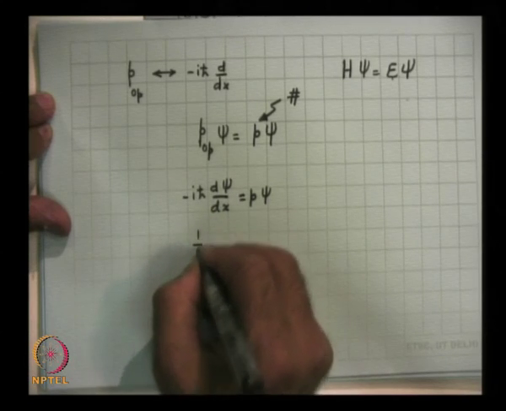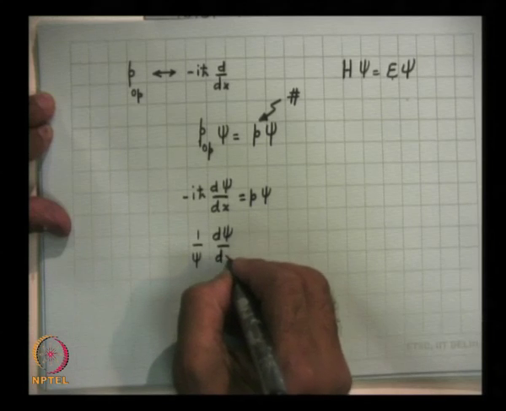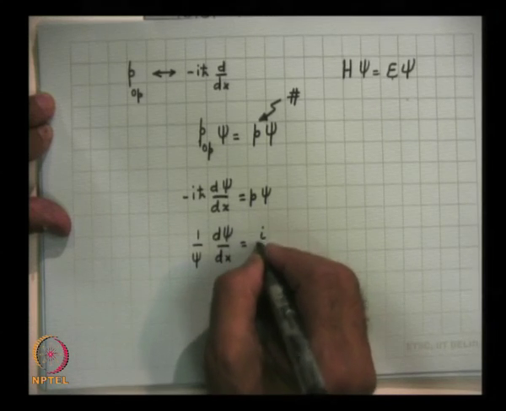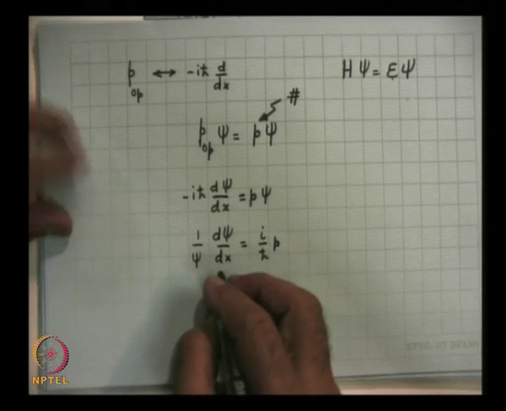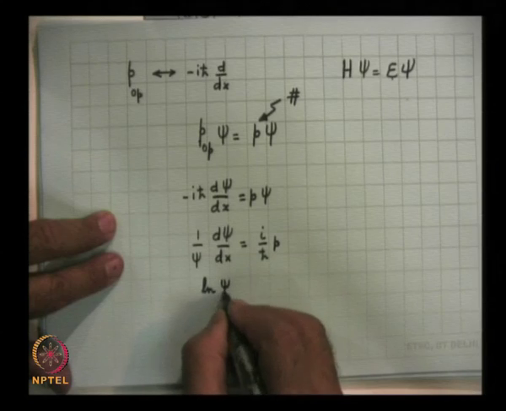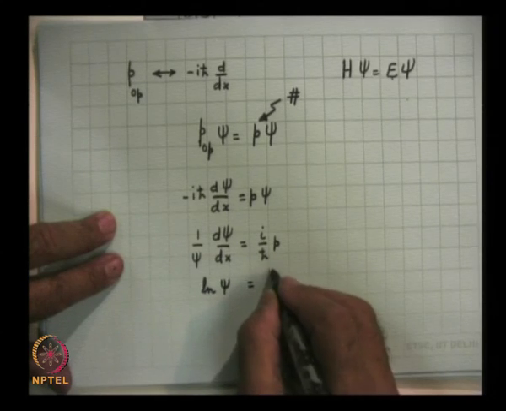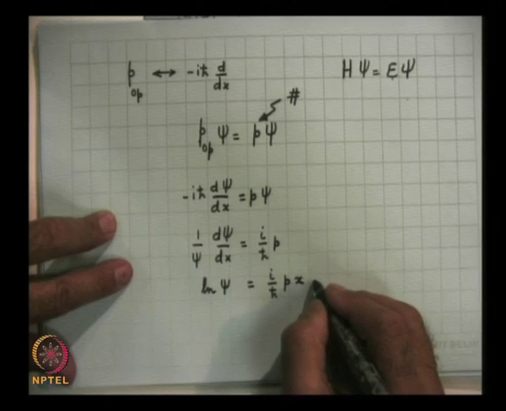So, I get 1 over psi d psi by dx is equal to i by h cross times p. If you integrate this, you get log psi is equal to i by h cross p times x plus a constant.